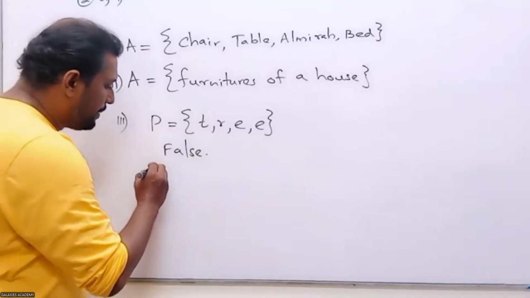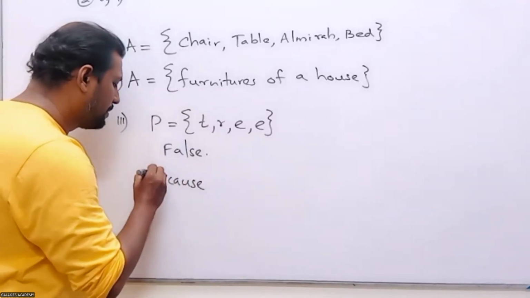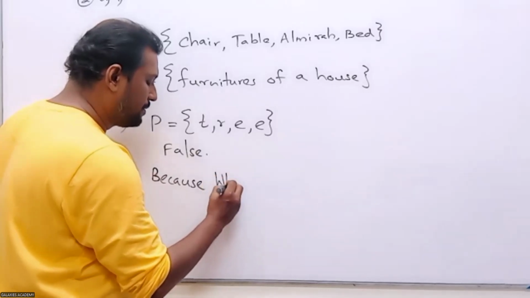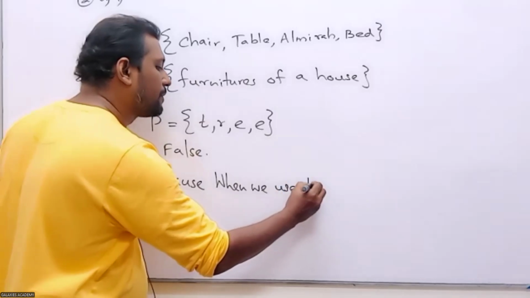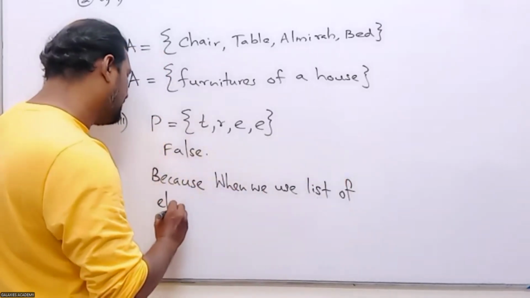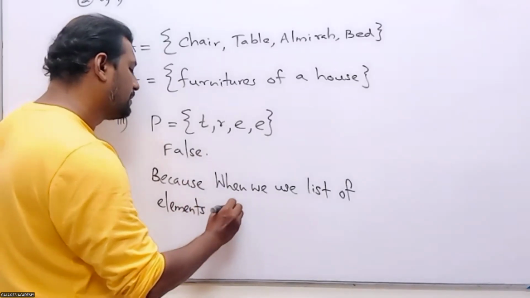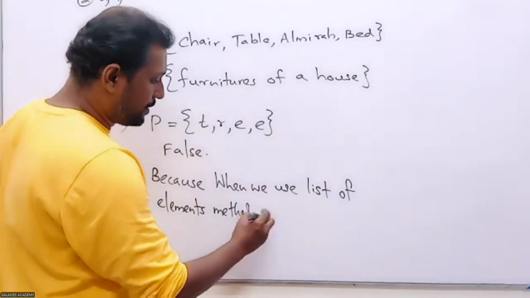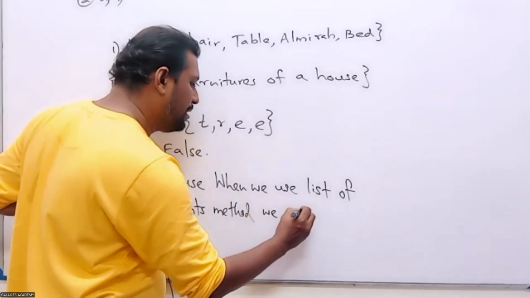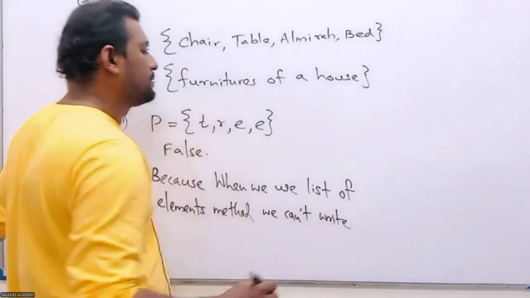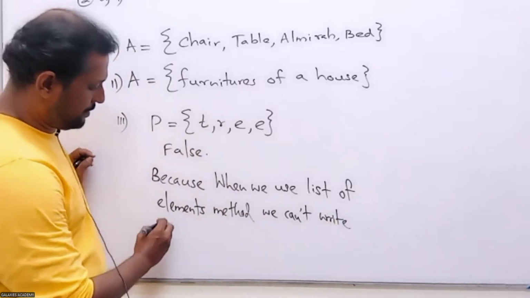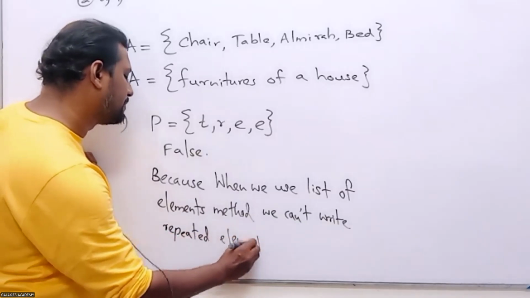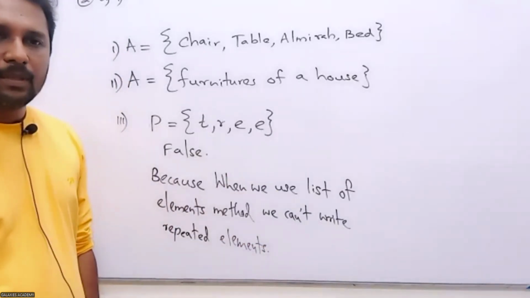So you have to write: because when we use the list of elements method, we can't write repeated elements. Right, you have to write a suitable answer like this.